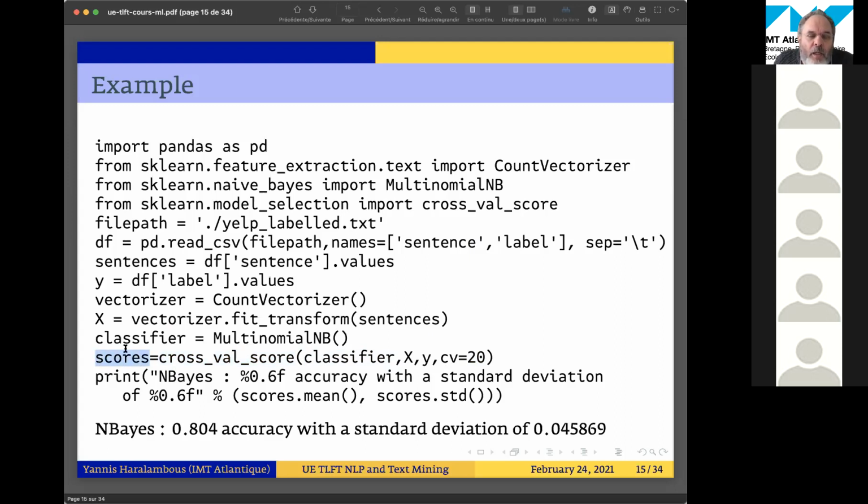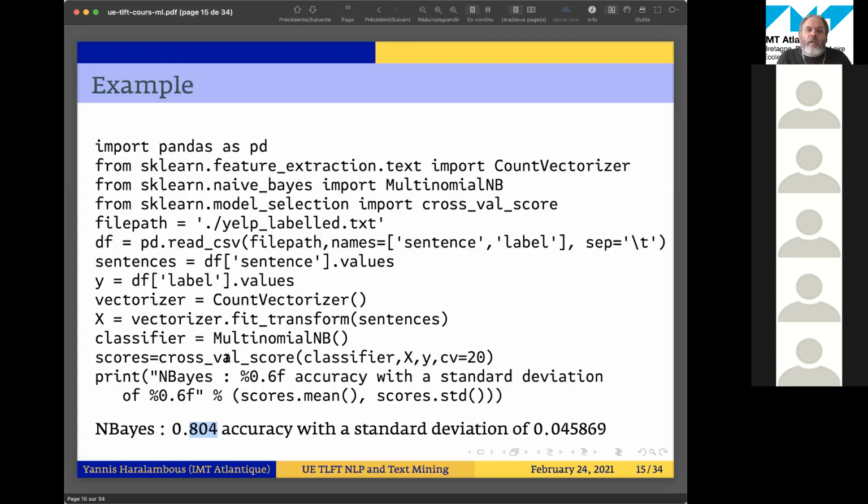So this is an array of 20 values, 20 scores, and I can ask for the mean, which is the most interesting, and also the standard deviation. And here I get an accuracy of 0.8. What is accuracy? It's the number of correct predictions divided by the number of predictions. Accuracy is the simplest way of measuring the quality of some classification.